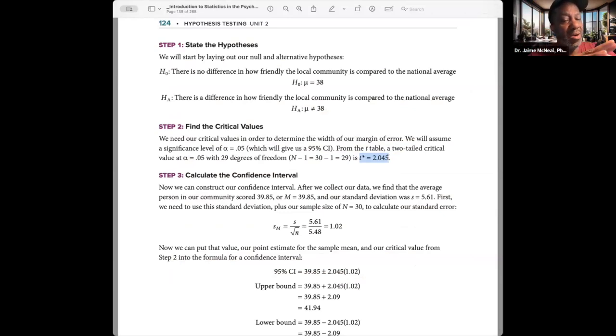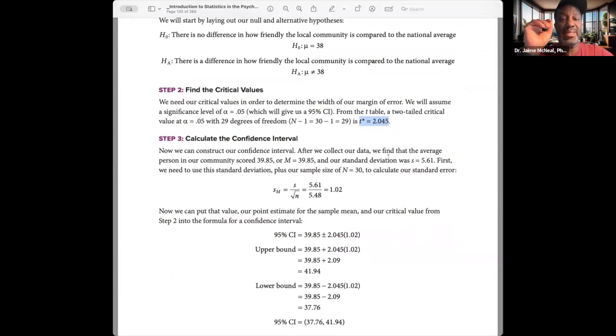And then we calculate the confidence interval, but first we need the standard error. The formula for that is standard deviation divided by the square root of n. So they told us here in this example that the standard deviation is 5.61.